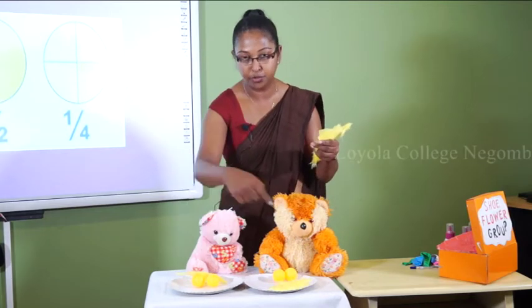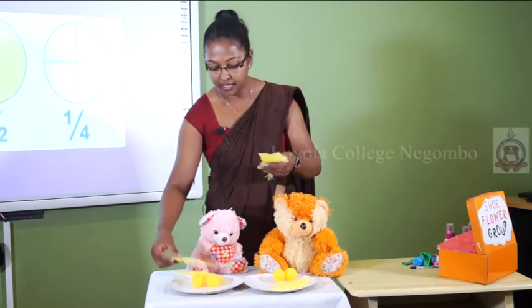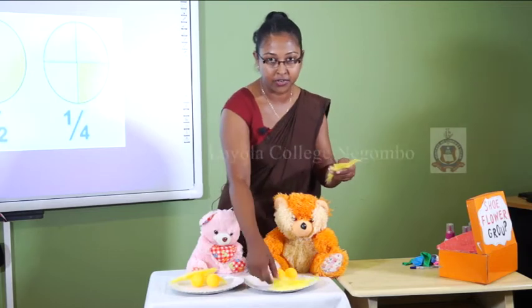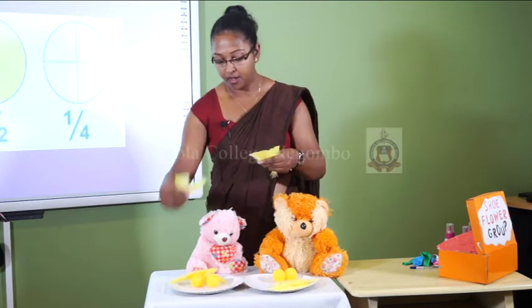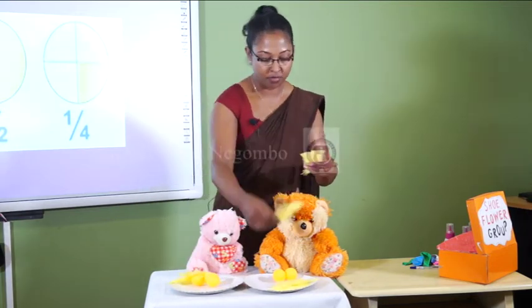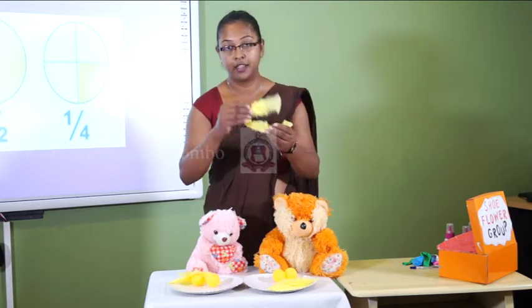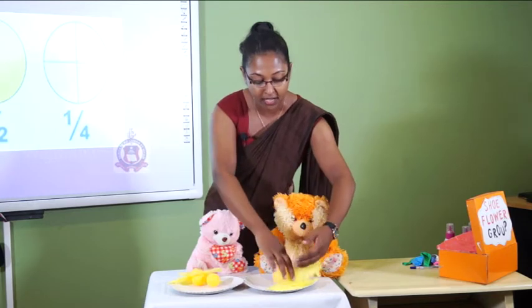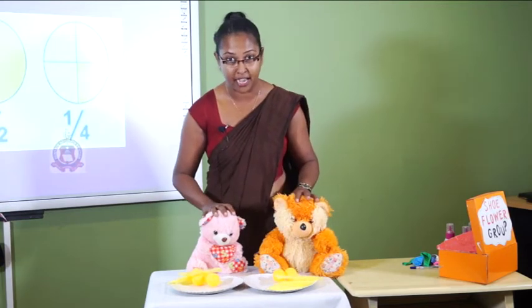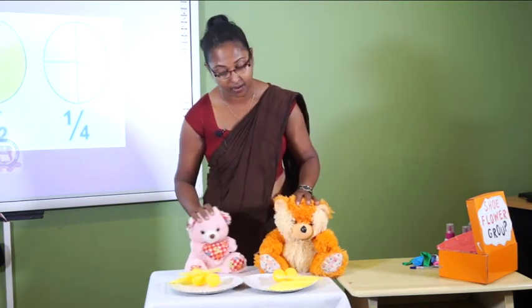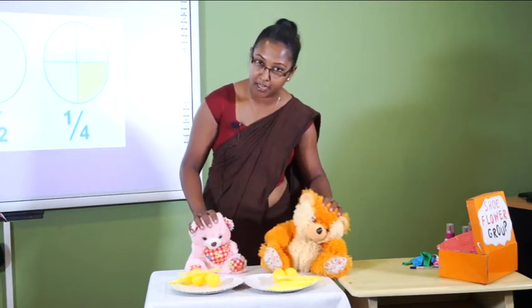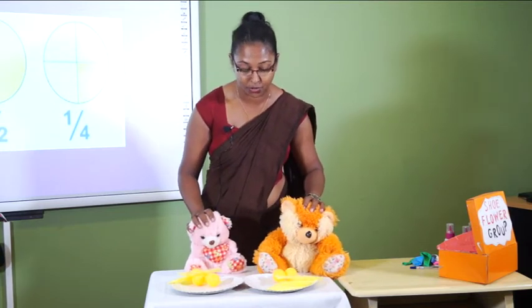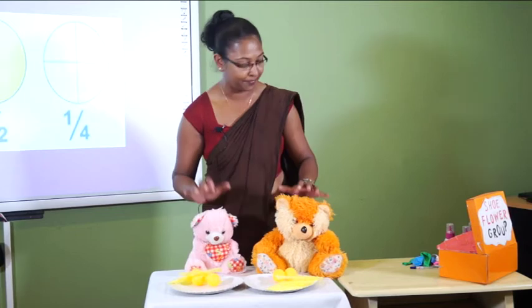Then they have 2, 2, 3, 3, 4, 4, 5, 5. How many do they have? Each one has 5. Terry also 5. Bunny also has 5. So, no need to fight.